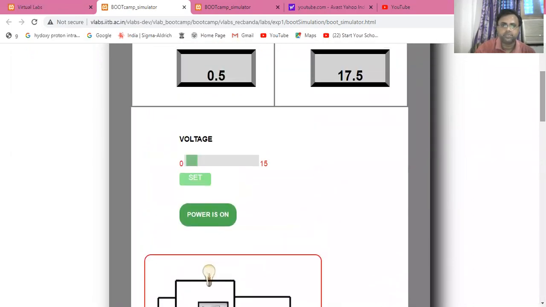Now take another reading. We set 1 volt.